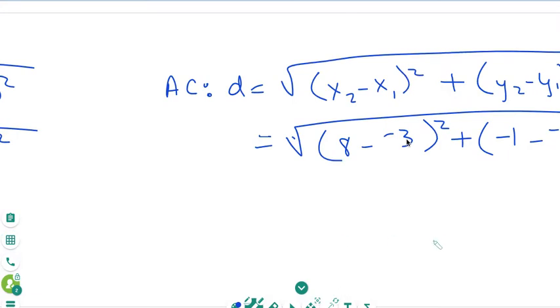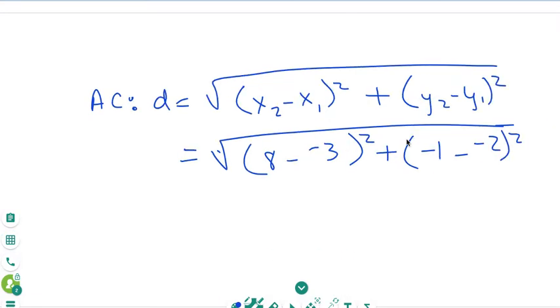Figure out the last side, which is going to be AC. So I'm going to need my ordered pairs A, negative 3, 2, and C, 8, negative 1. So my x2 is 8 minus my x1 is negative 3. My y2 is negative 1 minus my y1, which is going to be a positive 2.